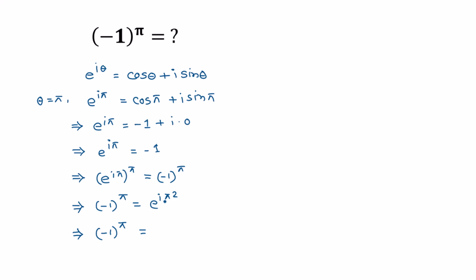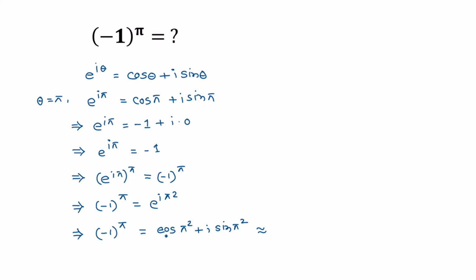Here e to the power i pi square has pi square as theta, so we will get cos of pi square plus i sin of pi square, and this is the general value of -1 to the power pi. Substituting the value of pi square in cos pi square and sin pi square, we will get the approximate value.